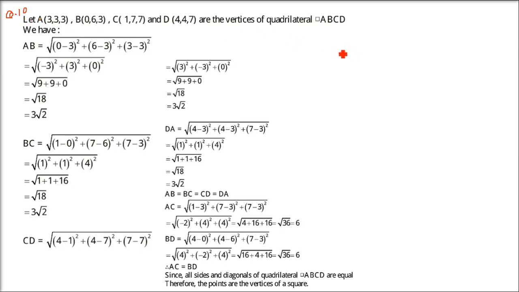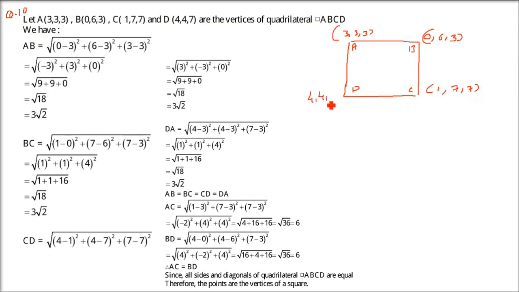So if the diagonals are also equal, see here, this is the square we are talking about, A, B, C, D, and A is given as (3, 3, 3). B point is (0, 6, 3). C is (1, 7, 7). D is (4, 4, 7).